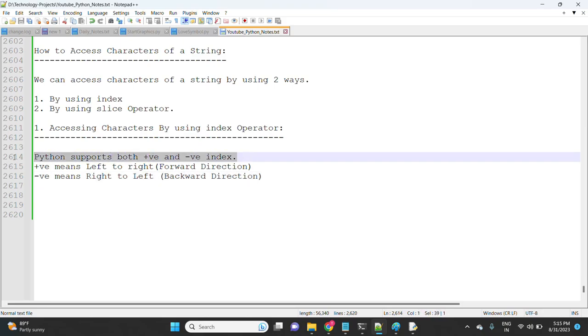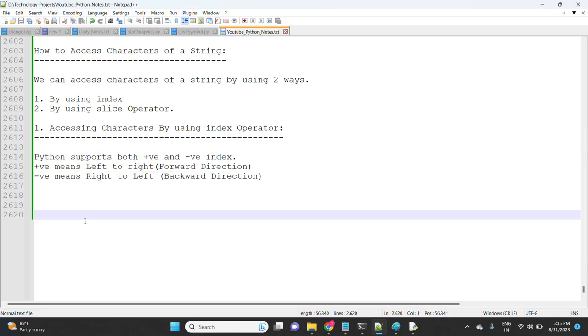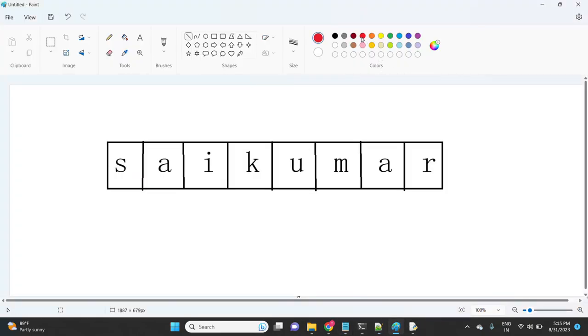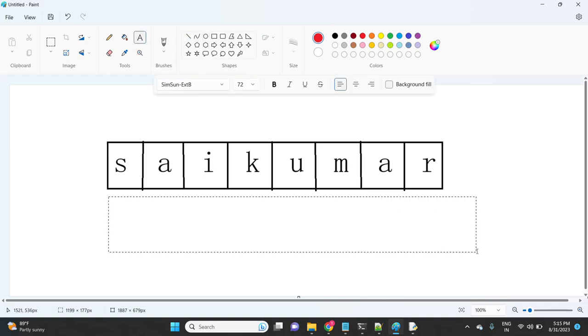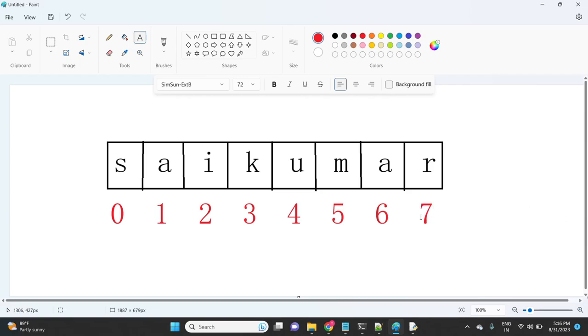Python supports both positive and negative index. First we'll observe with the positive index. Positive index goes in this way: 0, 1, 2, 3, 4, 5, 6, 7.